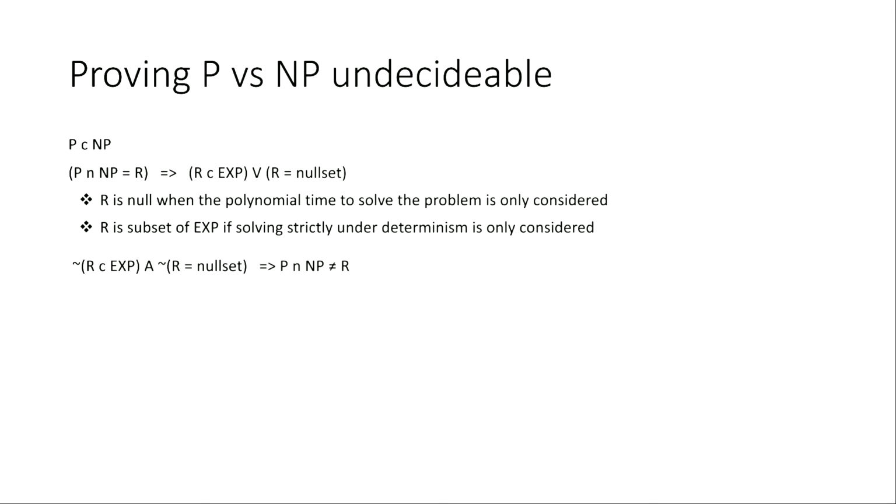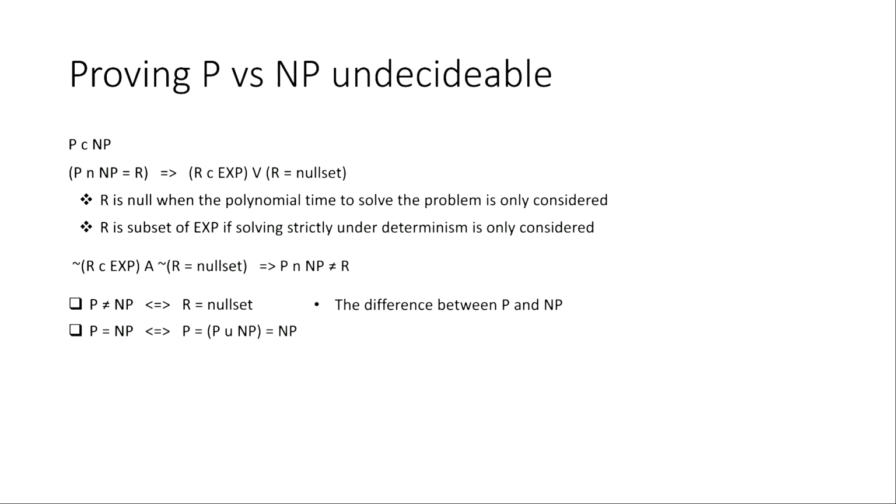Now let's consider two lemmas. If P didn't equal NP, then R would be a null set, which implies that P and NP are different. If P and NP are the same, then P must be equal to the union of P and NP, which is also equal to NP, and thus implies the similarities. All of this is true, and everything seems consistent.